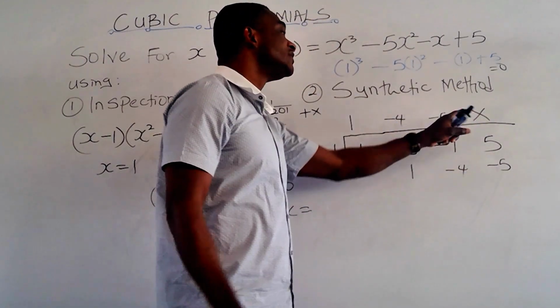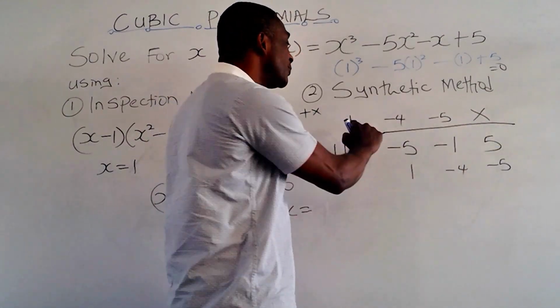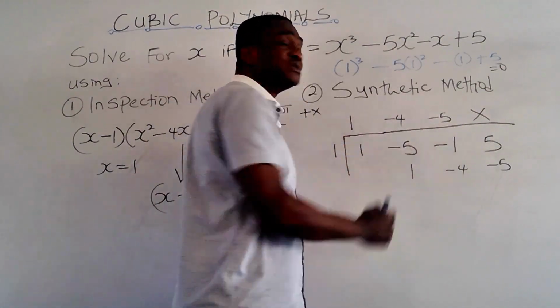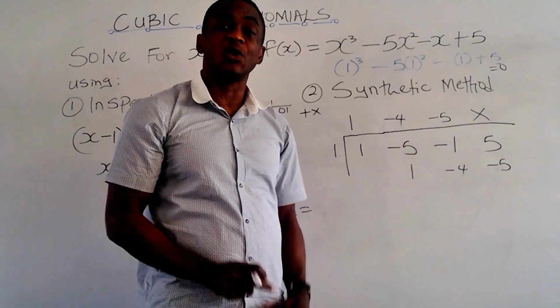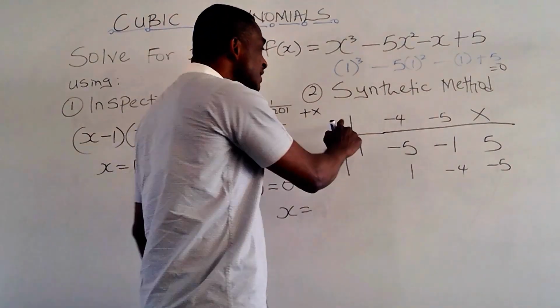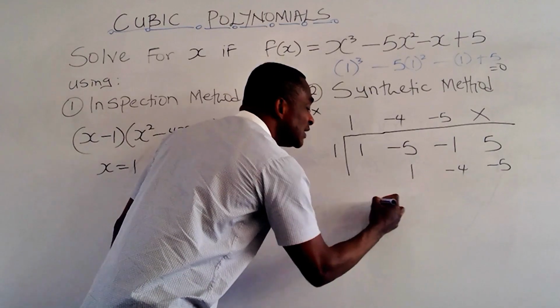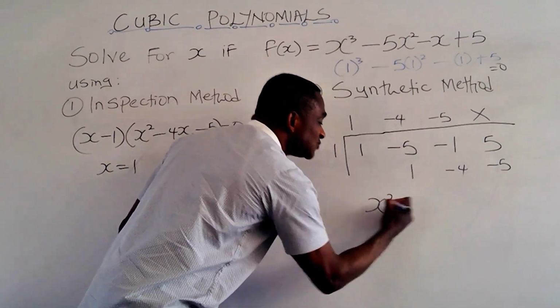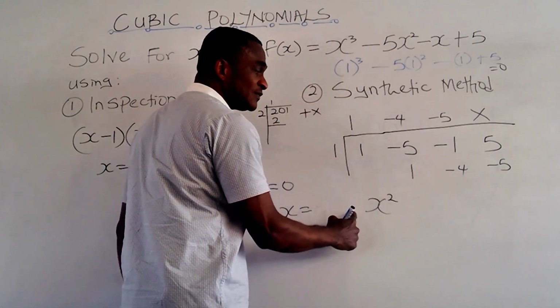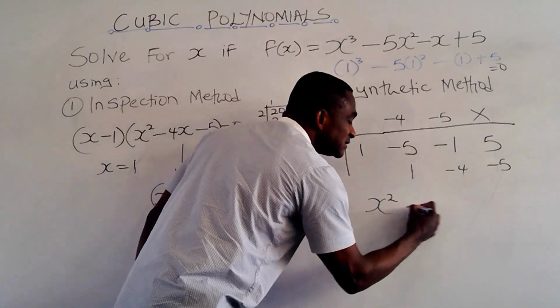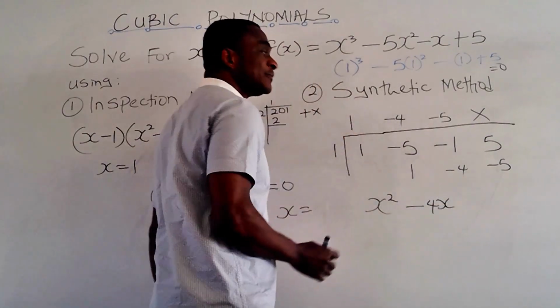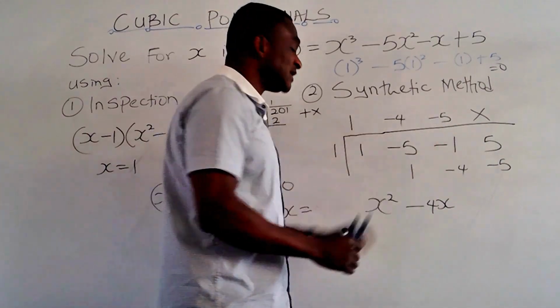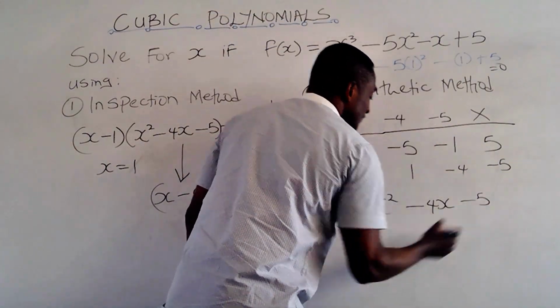This will always tell us that we are doing the right thing, because we are supposed to arrive at 3 terms, which is a parabolic or quadratic function. So for the quadratic function, the coefficient of x squared will be 1, the coefficient of x will be -4, and the constant term will be -5.